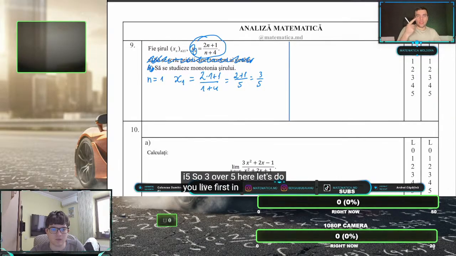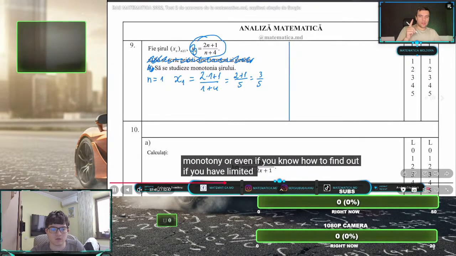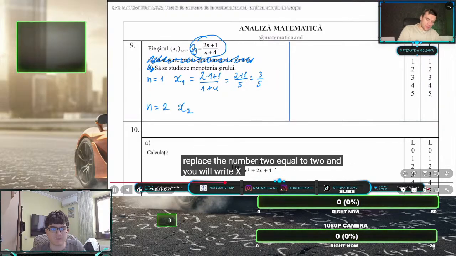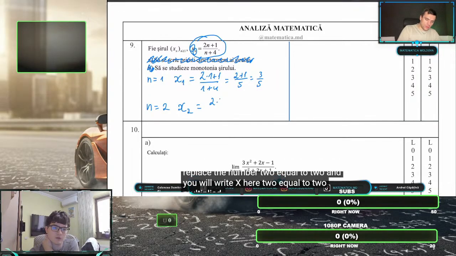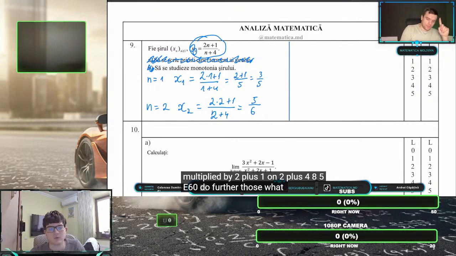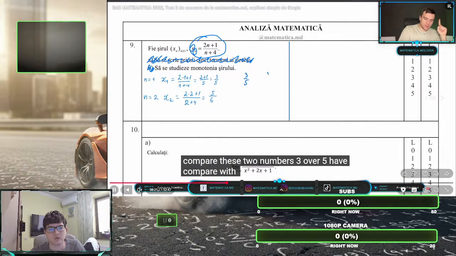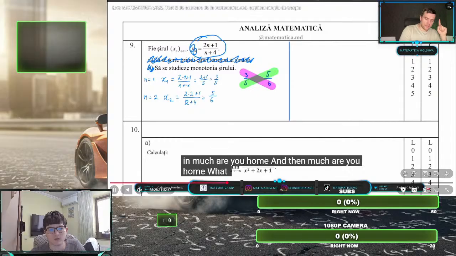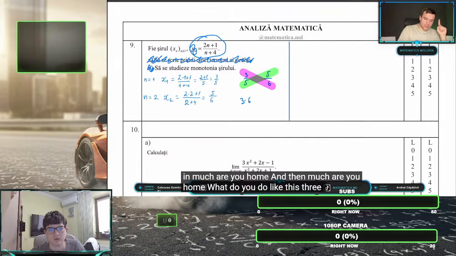So that's that. 3 divided by 5. Now the second thing, do that. So you have 2 plus 4 there. So you have 5 divided by 6. So now you do x2 minus x1. You can see which one's bigger like this.